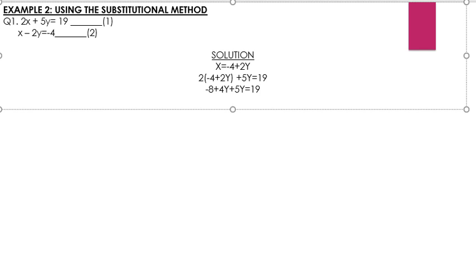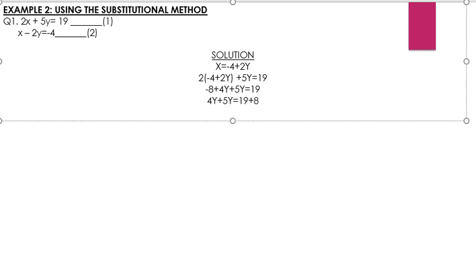Now we want to make the terms with the variable stand on the left hand side, and move all the numbers without the variable to the right hand side. So we have 4y plus 5y giving us 19. Remember that negative 8 crosses the equal to sign, so it becomes positive 8. Therefore, on the left hand side, we have positive 9y giving us 27.